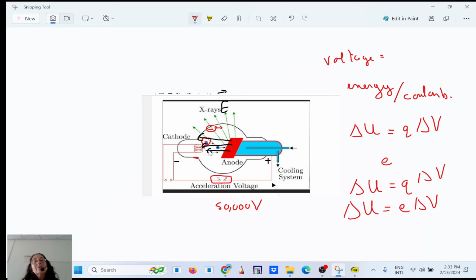Let me ask you something. In an X-ray machine, I'm applying a voltage of 50,000 volts. That will be 50,000 joule per coulomb. But if I have an electron, each electron will have an energy of 50,000 eV, because that's the charge times V. So if you work with an X-ray machine, it would say it's a 50,000 eV machine, and that's how much energy will turn into X-rays.